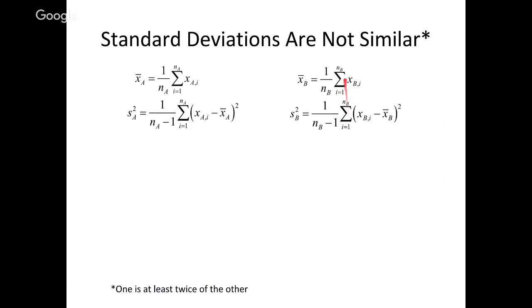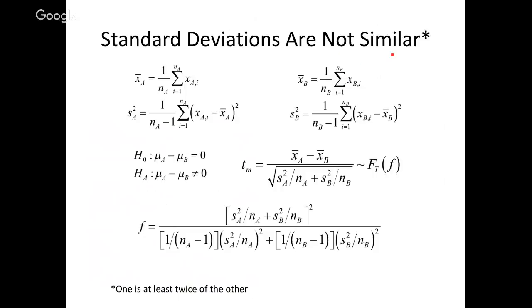So you use a slightly different set of tools if it turns out your standard deviations are not similar between the two groups. In that case, you again calculate the mean and variances in the normal way, but you don't have to calculate a pooled variance.